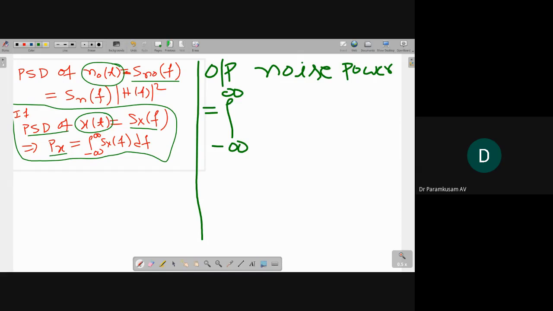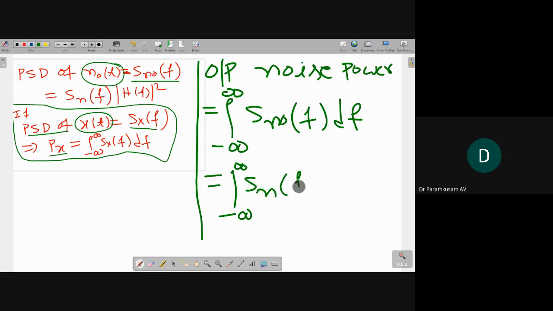I want the power of n naught of t, so I take its power spectral density: S n naught of f df. But what is S n naught of f? S n naught of f is equal to S n of f mod H of f whole square, so the noise power is the integral from minus infinity to plus infinity of S n of f mod H of f whole square df.